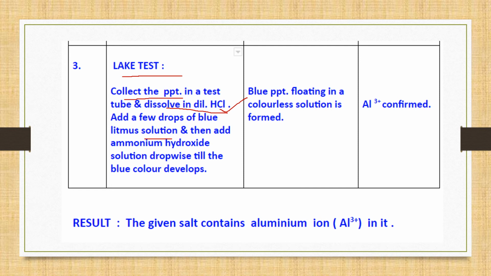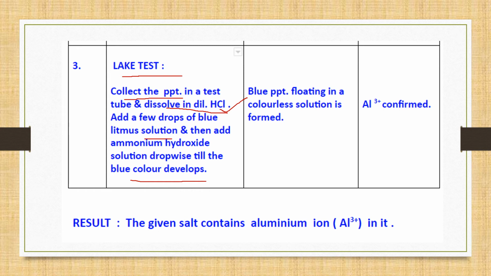And then add ammonium hydroxide, the base, dropwise till you get the blue color. Once that happens, you will get a blue precipitate, aluminum hydroxide, and it's not originally blue. It will take time to turn blue.